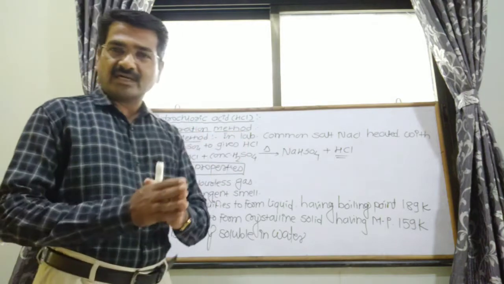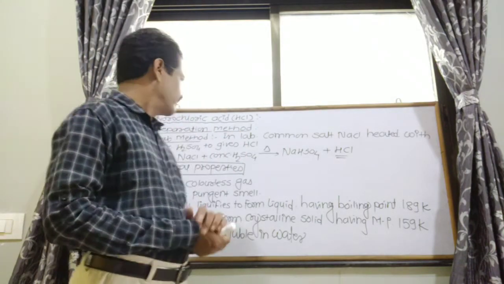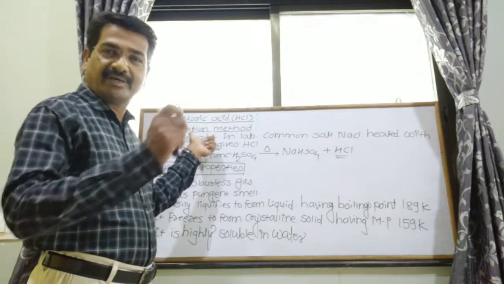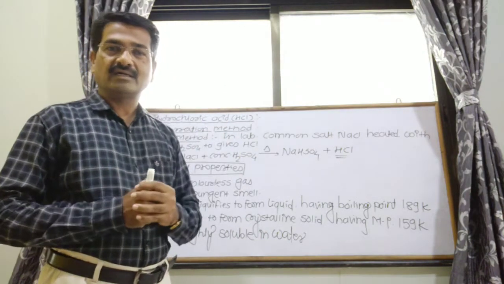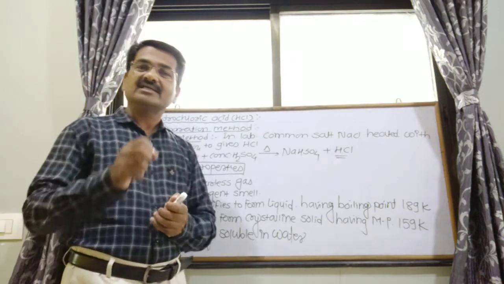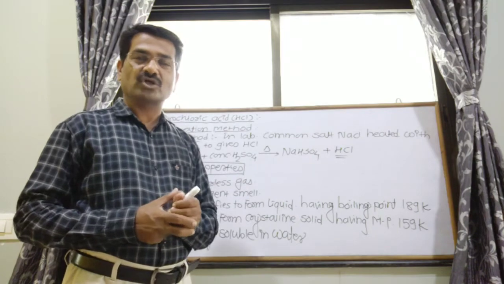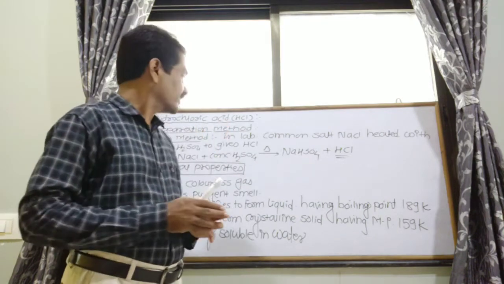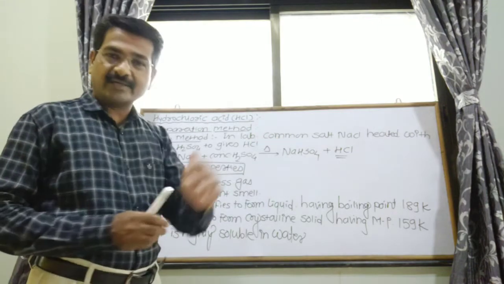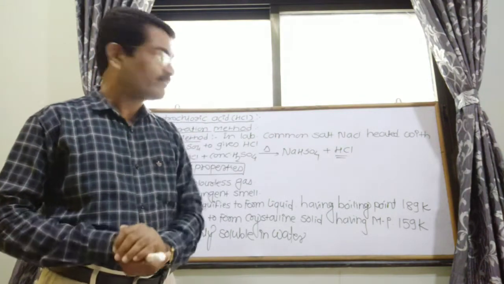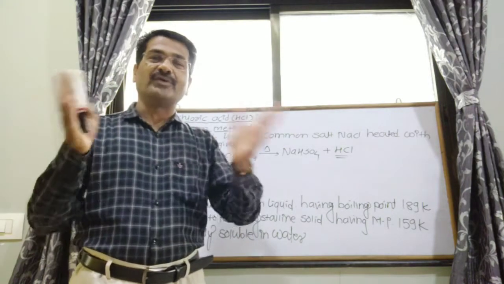There is only one preparation method of hydrochloric acid, that is the laboratory method. In this method, we prepare hydrochloric acid on a small scale, in minor quantity, so it is called the lab method. In the laboratory, common salt, NaCl, is heated with concentrated sulfuric acid.